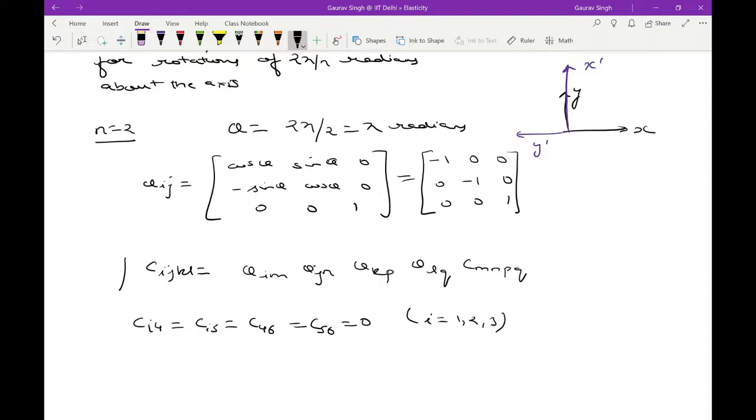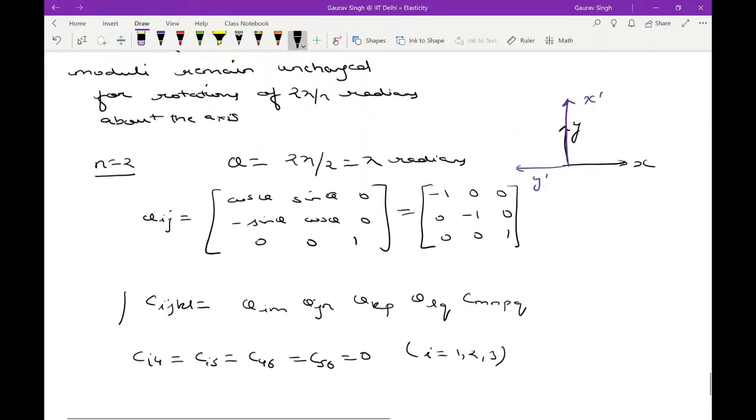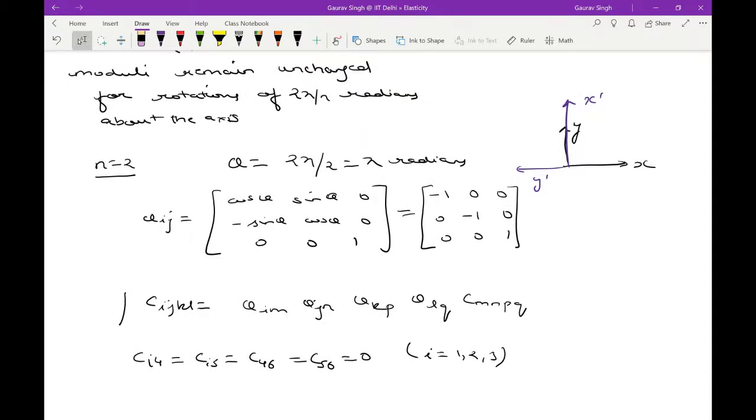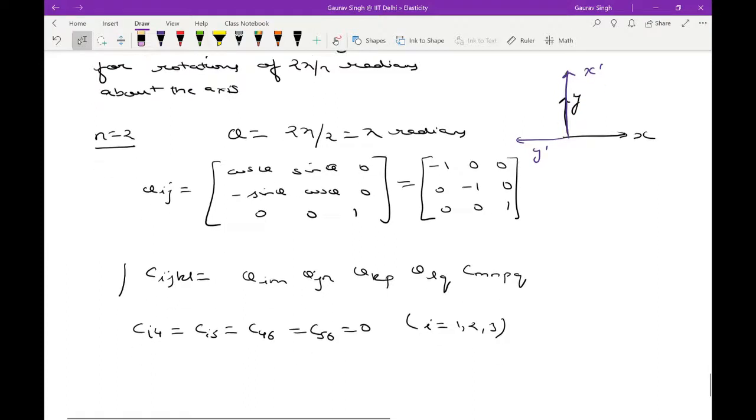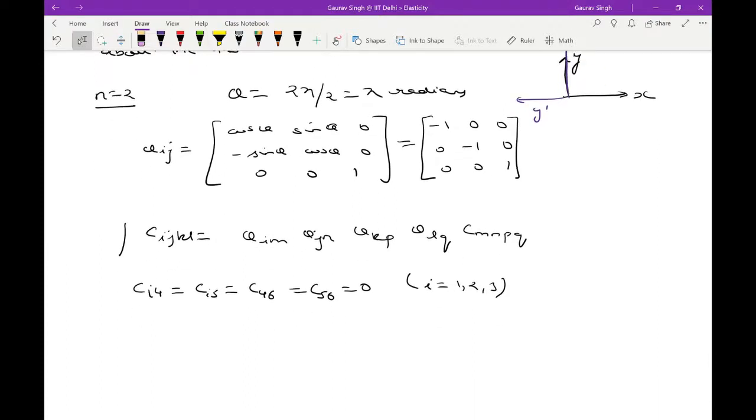The reason this would happen is because a rotation of theta equal to pi means there's a symmetry about the original yz plane. So that is what will happen, and this is just the same as the symmetry of a plane.